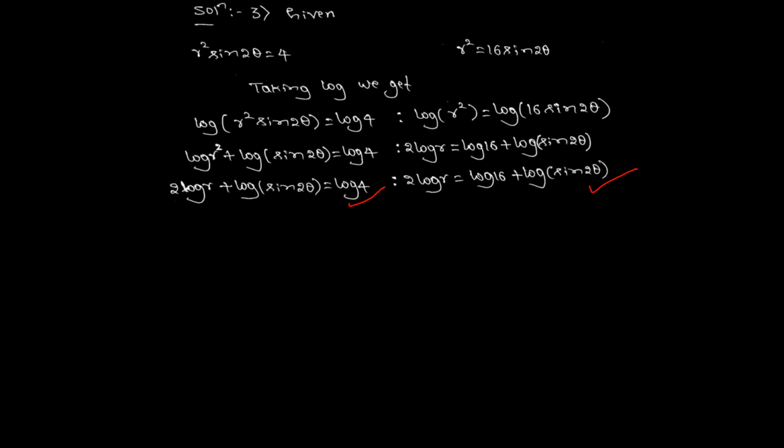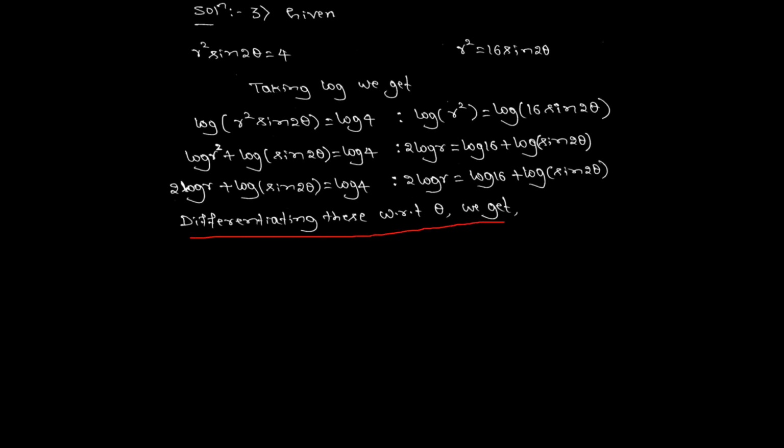Now what is the next step? The next step is differentiating these with respect to theta. 2 is a constant, so we write 2 as it is, and the differentiation of log r is 1 by r dr by d theta, plus let us differentiate this using the chain rule.